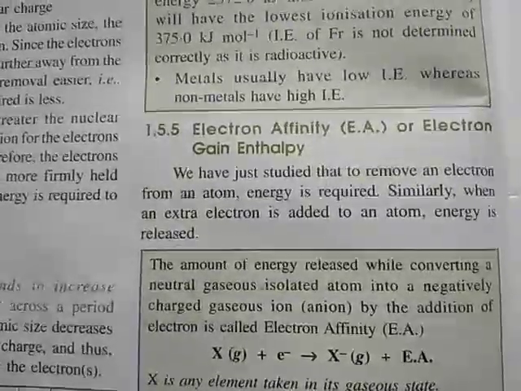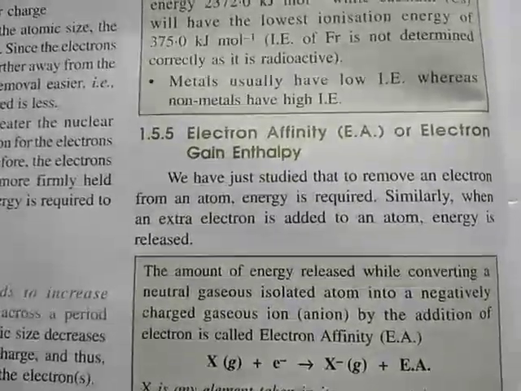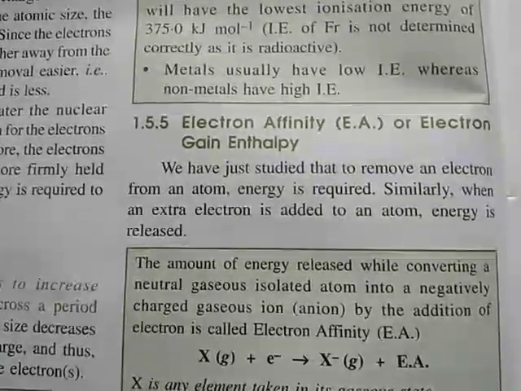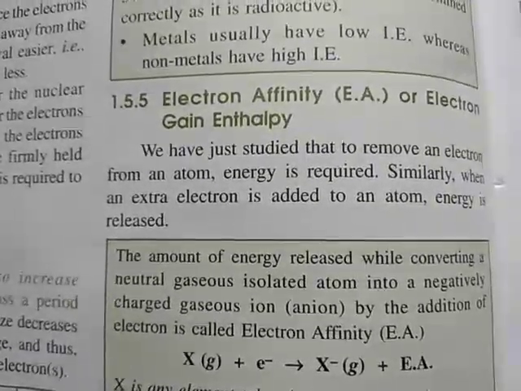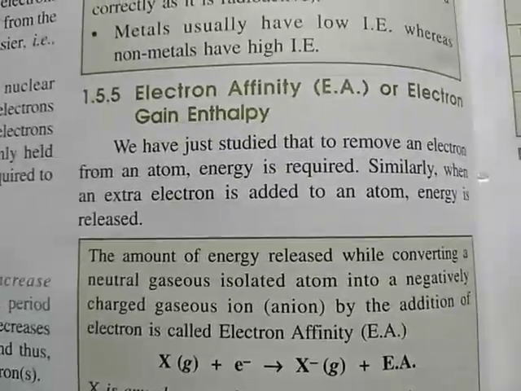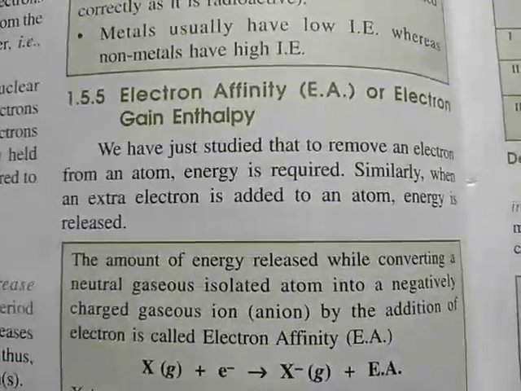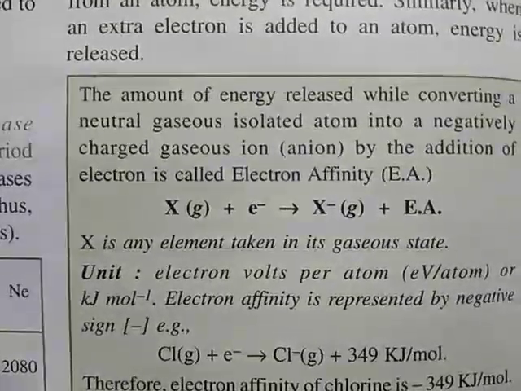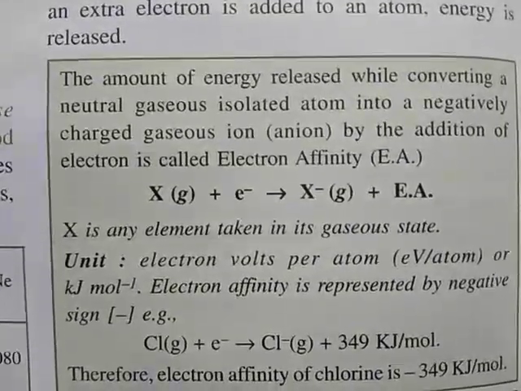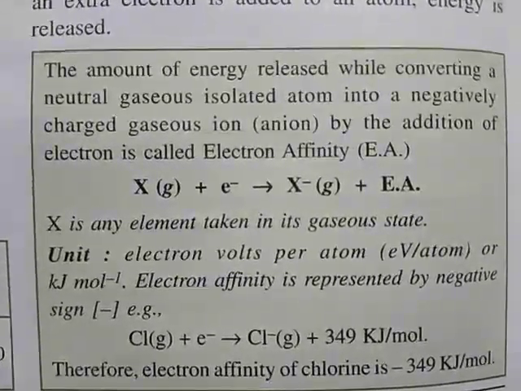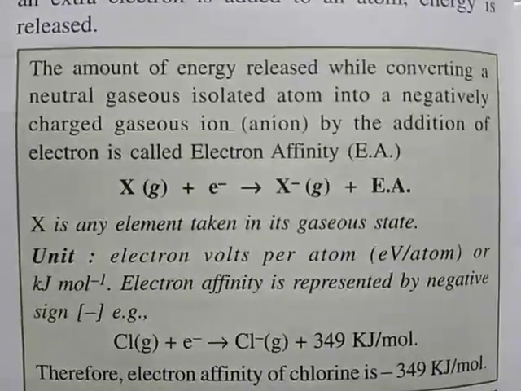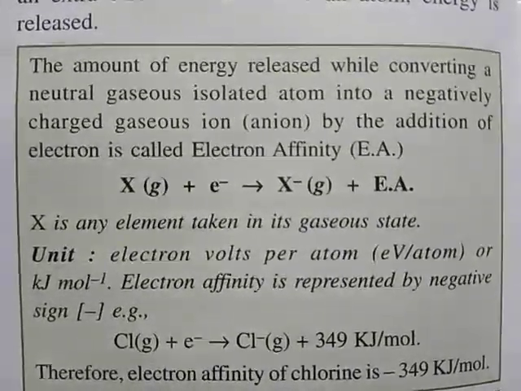Now electron affinity, or in another word electron gain enthalpy. Students, it is just the reverse of the ionization enthalpy. How come? Let us see. The amount of energy released while converting a neutral gaseous isolated atom into a negatively charged gaseous ion, that is an anion, by the addition of an electron is called electron affinity.